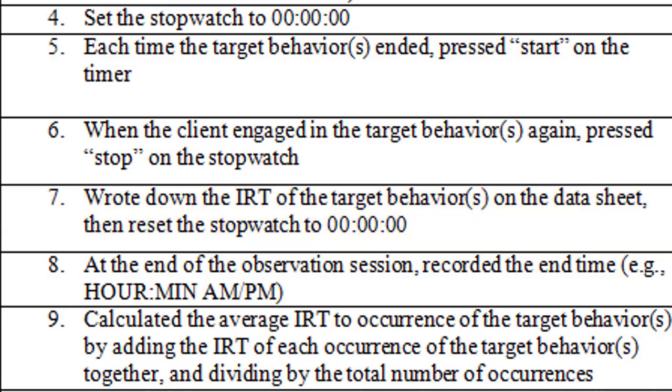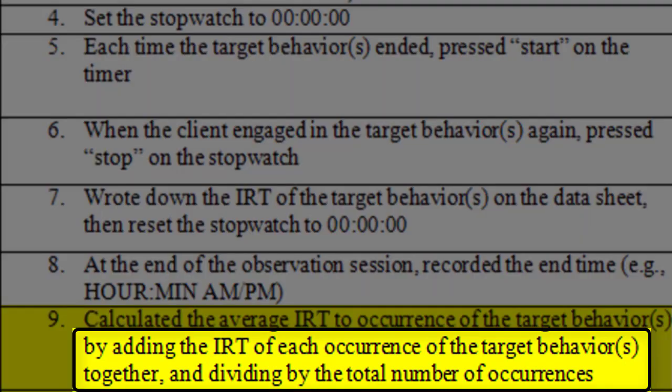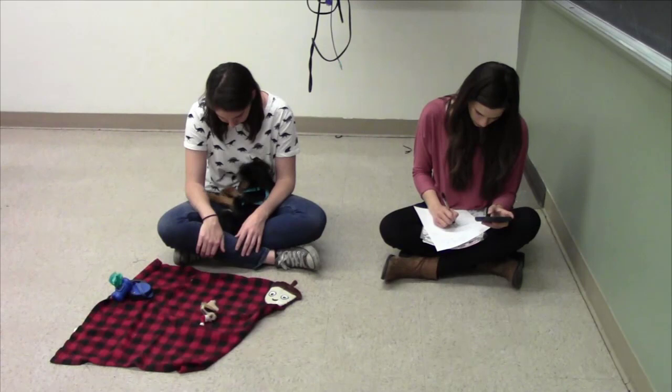When the observation session was over, the RBT recorded the end of the observation session. Then, the RBT calculated the average IRT to the occurrence of the target behavior. If you need help remembering how to do this, you may look here, or look back at the PowerPoint on interresponse time.